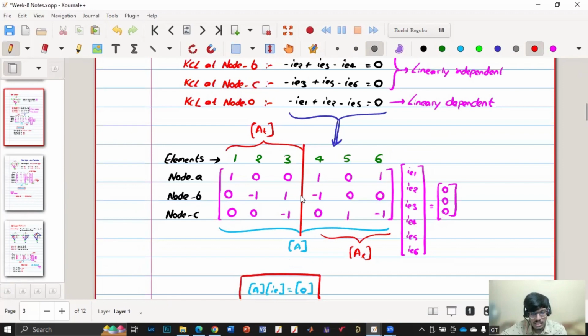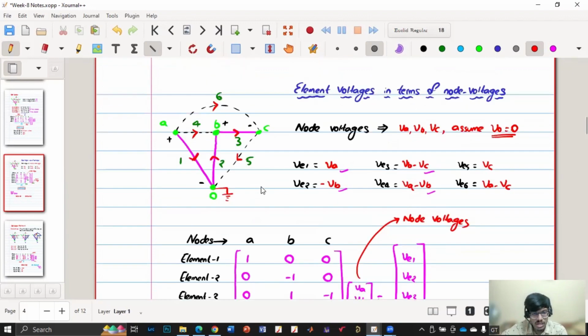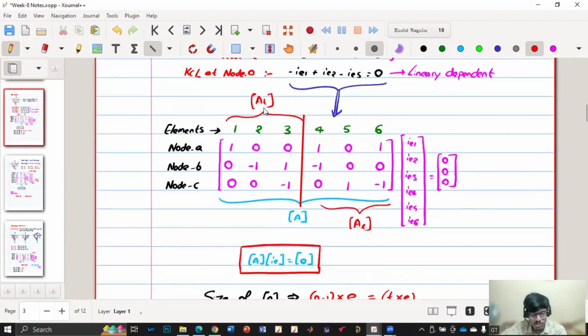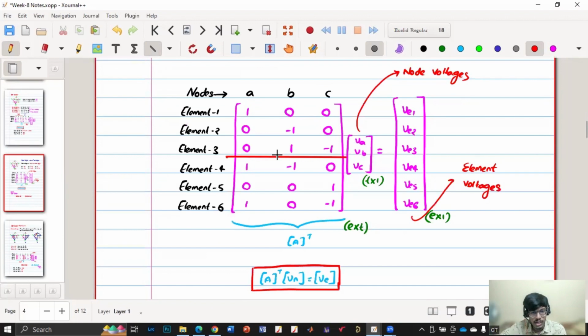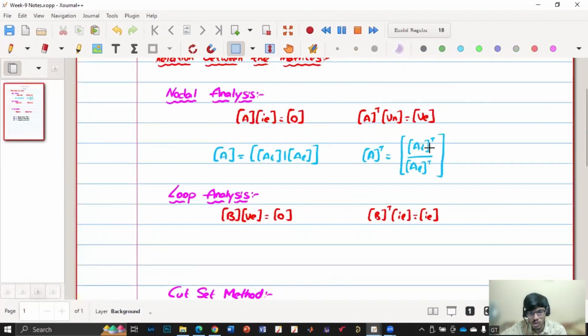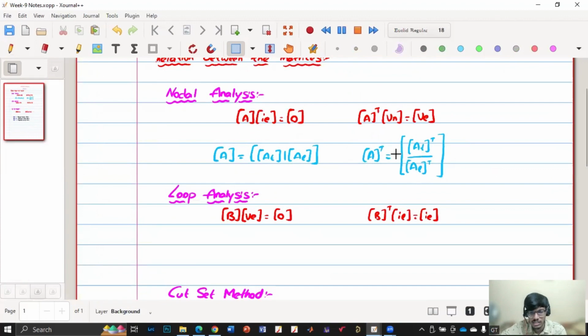Now if I do the transpose, A transpose, again here also the top part will be twigs and the bottom part will be links. But now the top part is not A twigs, it is A twigs transpose because we are doing the transpose. Because here, if you see, the second row is 0 minus 1 1, it is the column 0 minus 1 1. So the top part is related to twigs but transposed, so A twigs transpose, and the bottom part is related to links, and it is A links transpose. So I have written A transpose in this format.